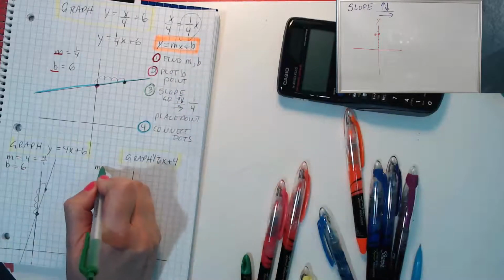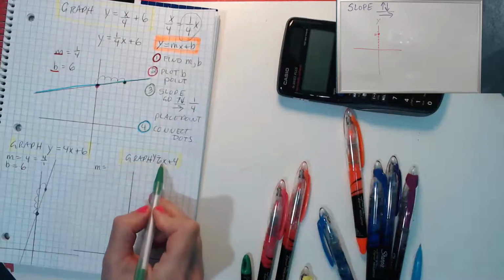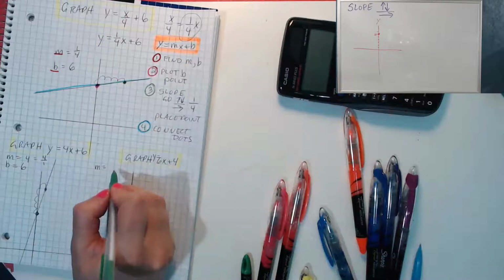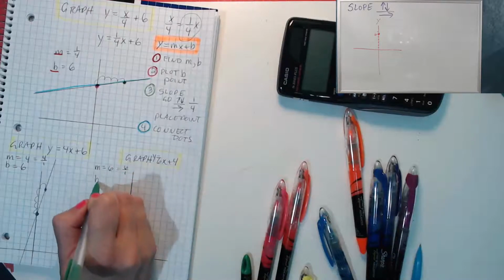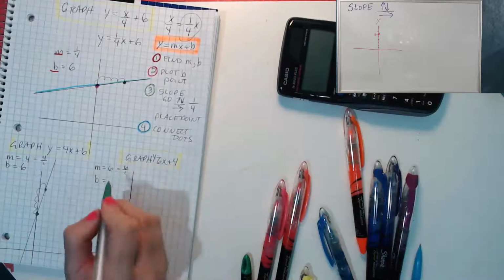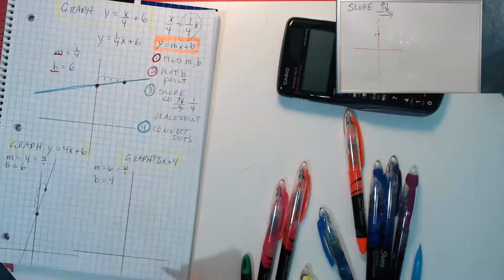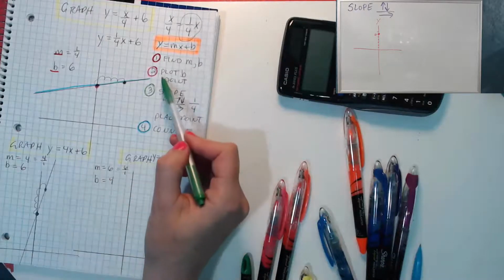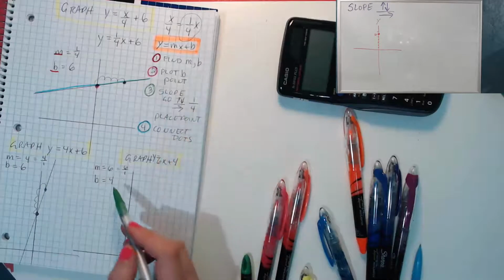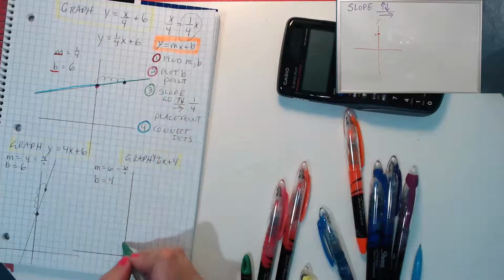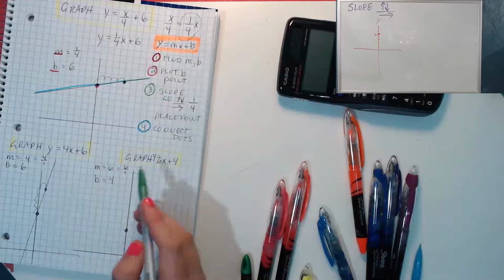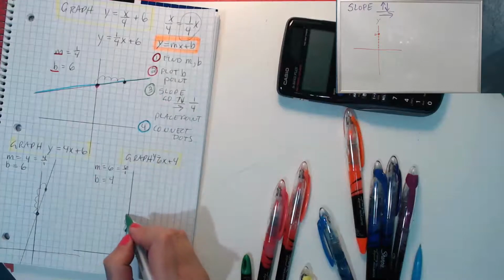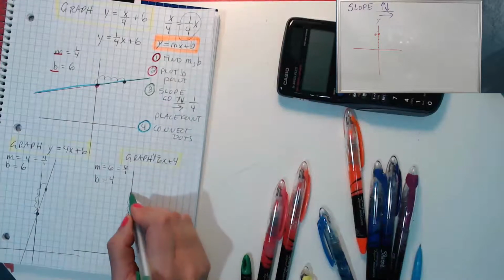M is 6, or 6/1, and b is 4. Okay. Number 2, plot b, which is 4. So let's go up 1, 2, 3, 4. The slope, we're going to go up 6: 1, 2, 3, 4, 5, 6, and over 1.